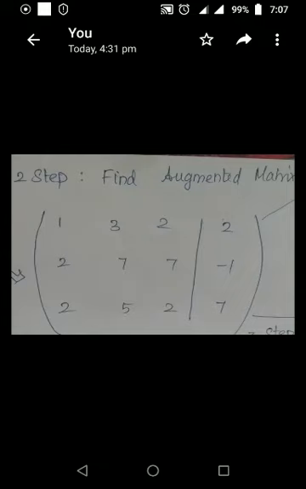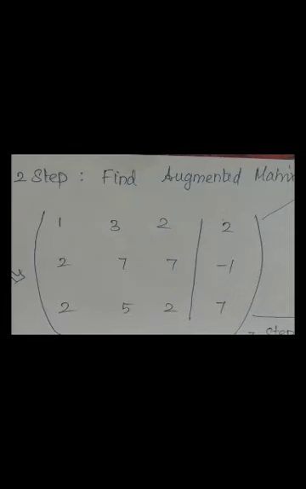Next step is to modify row 2. Row 2 here is 2, 7, 7, minus 1. We have to subtract R2 minus 2 into R1.